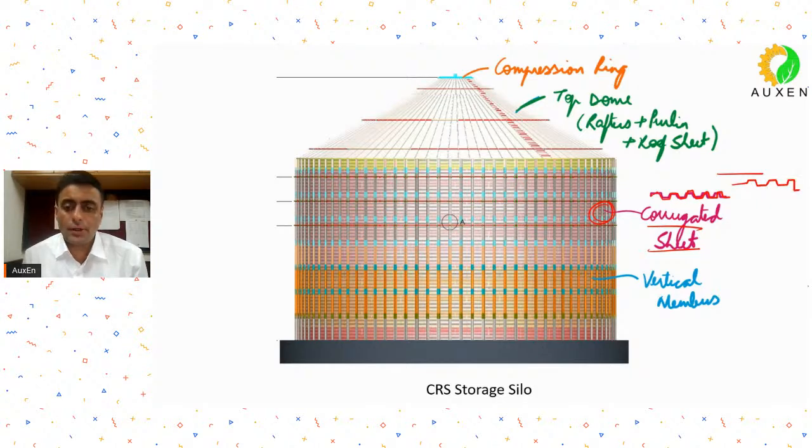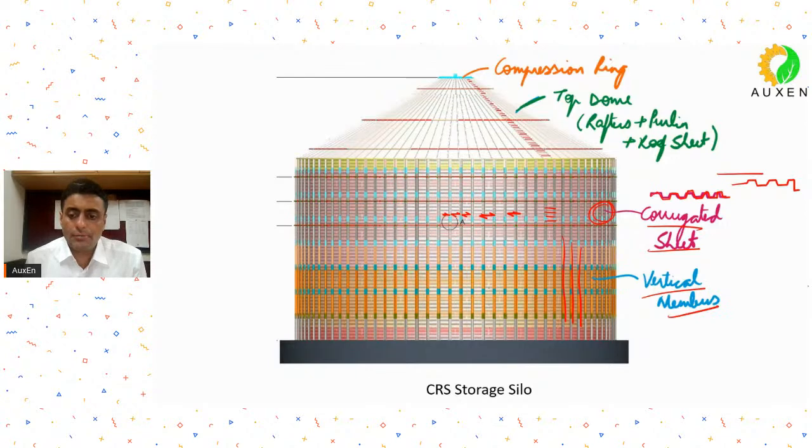The corrugations will be placed like this. All these corrugated sheets we place in such a way that they are horizontally spanning. Then there are vertical members. If you see, these are the vertical members. Can you see them?